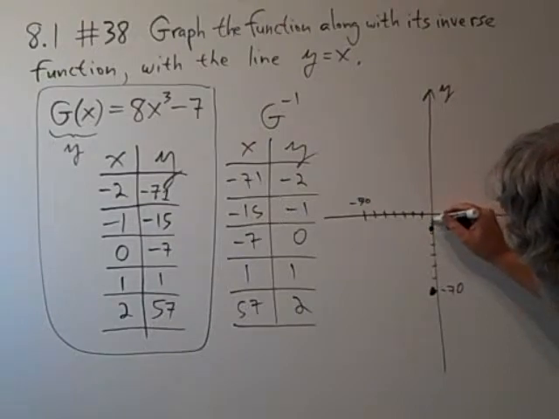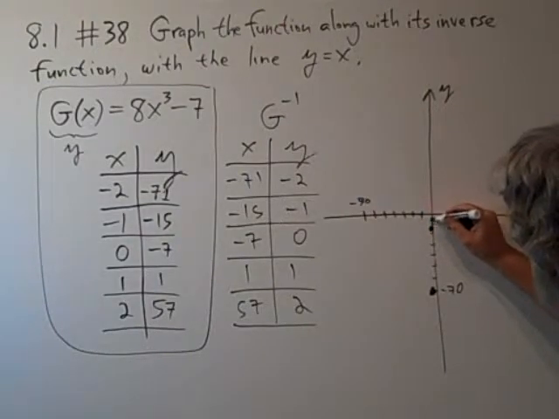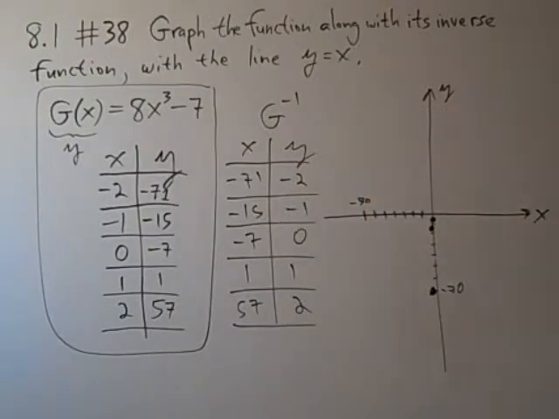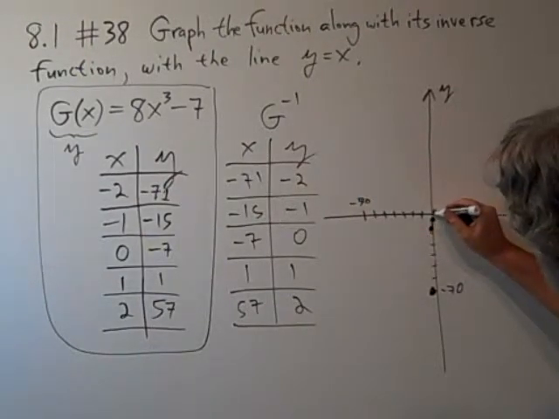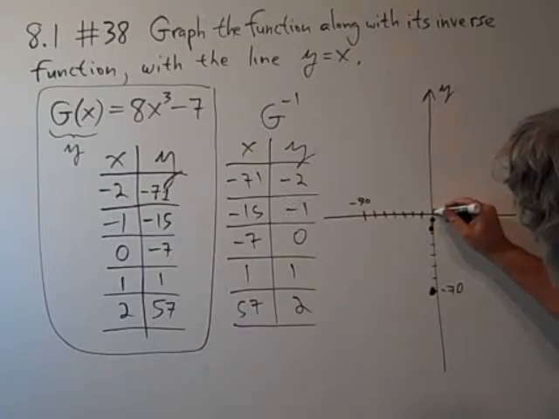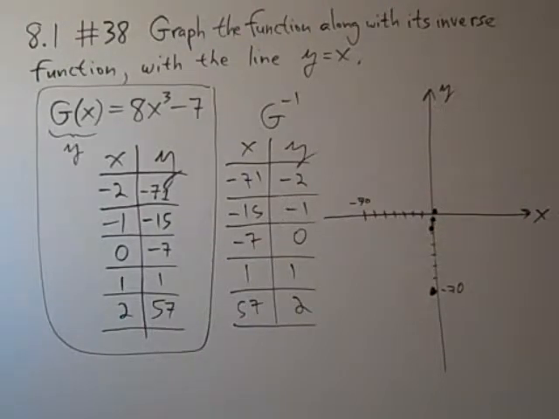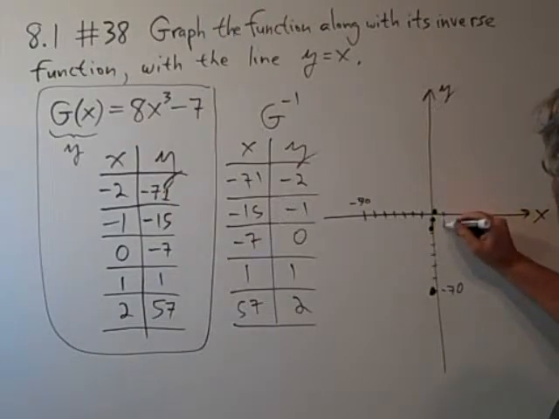Remember, this is -10, so -7 is right there on the axis. And then 1, 1 is hard to even find on this graph. Then 2, 57. So if I go over, this is a whole 10 right here.